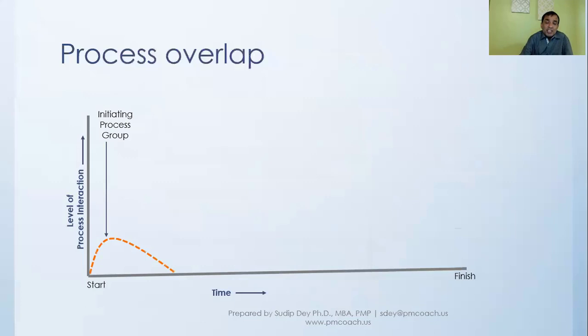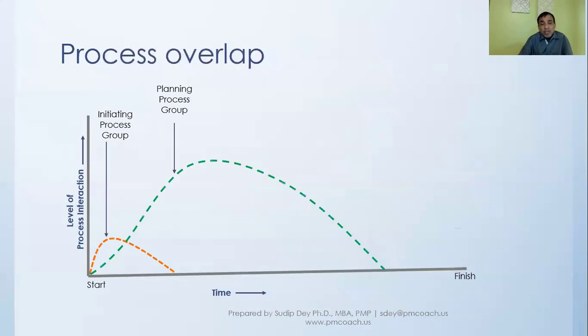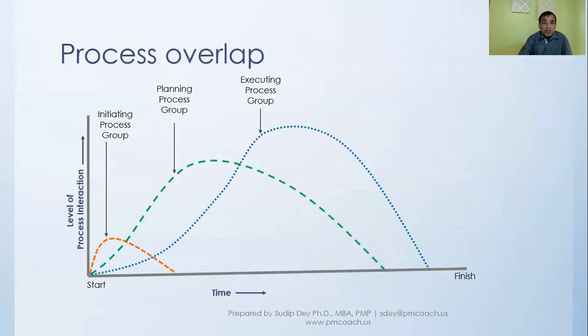If you look at this, you will see the initiating process group, most of the activities are done initially, and then it finishes pretty early on. However, the planning process group, though it starts almost at the same time, goes for a longer period. But there is an overlap of activity between the planning process group and the initiating process group.